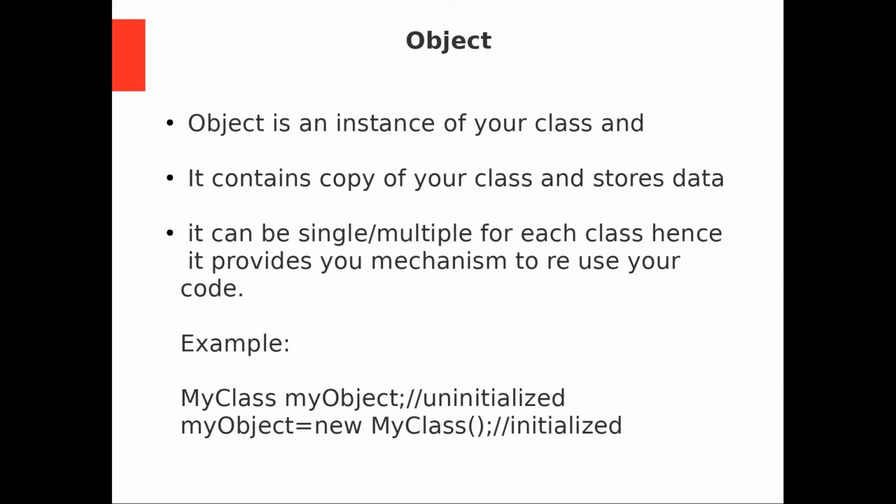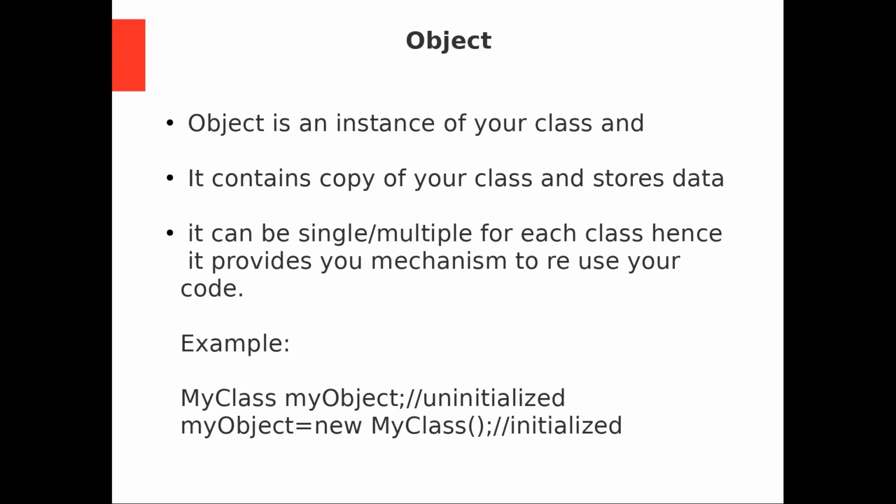So here is an example of object declaration. We created an object of our class MyClass here, which is named myObject. As you can see in this first line, we have only declared our object and not initialized it, so it is in an uninitialized state right now.